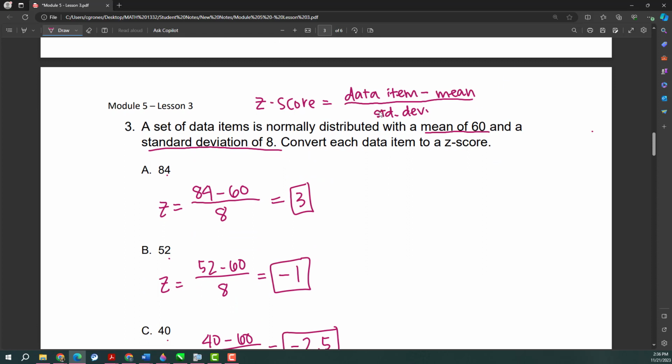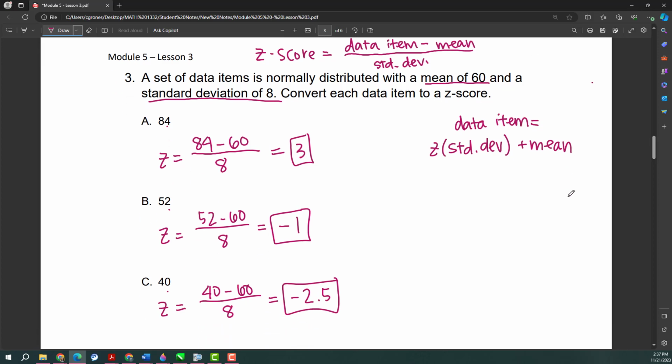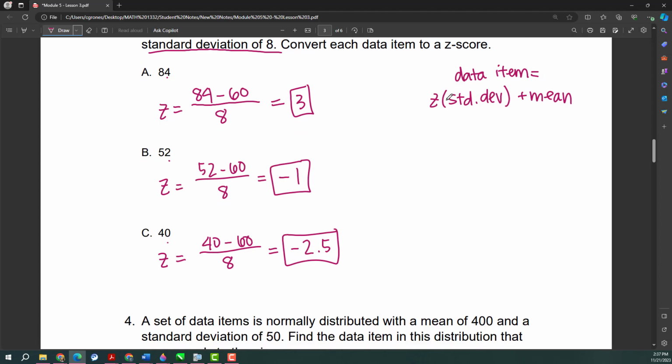So if I was to multiply the standard deviation, we would get that z times the standard deviation, and then we would add our mean, gives us what our data item is. So our z-score times the standard deviation and then add our mean.